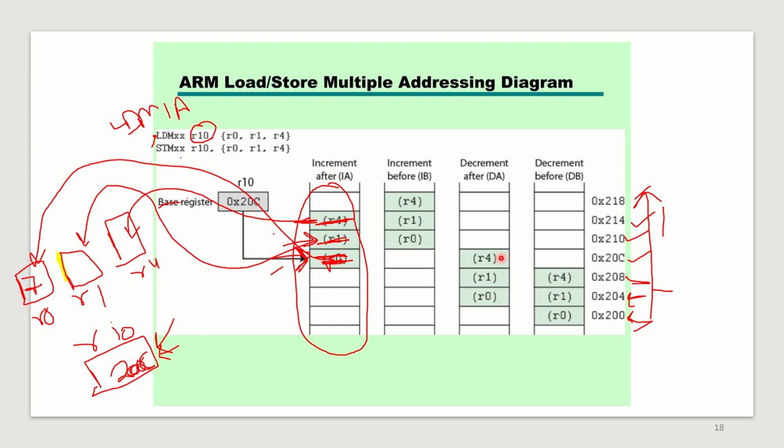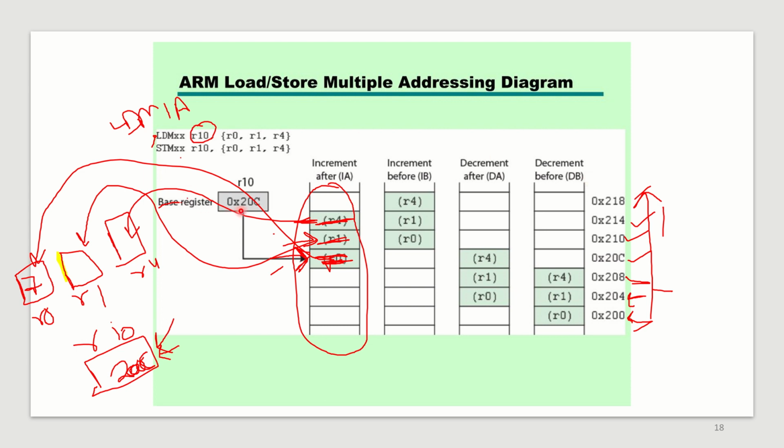Then we decrement by 4. 20C minus 4, we will get 208. Then this location is going to be stored into R1, and again decrement, and this location is going to be stored into R0. Similarly, decrement before. That means before loading the first time, we are decrementing.